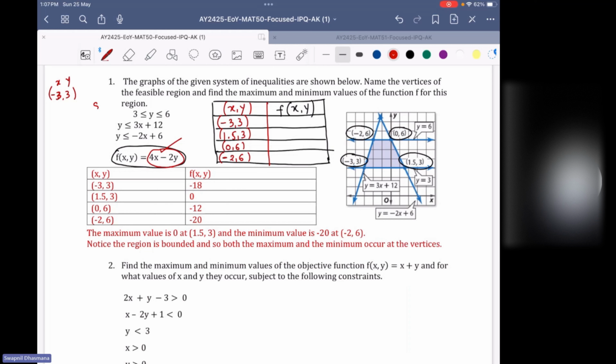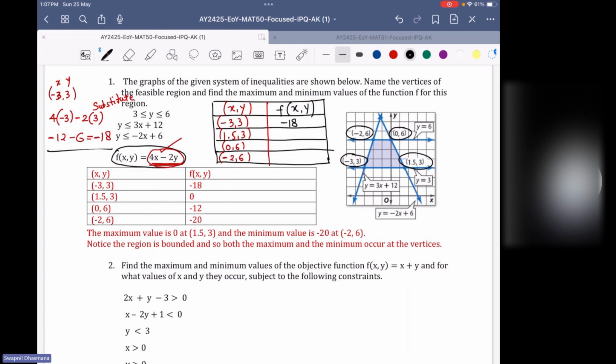So substitute. So you'll get 4 times x, which is negative 3, 2 times y. Substituted it here. So that'll be negative 12, negative 6, and that is negative 18. So this value would be negative 18.